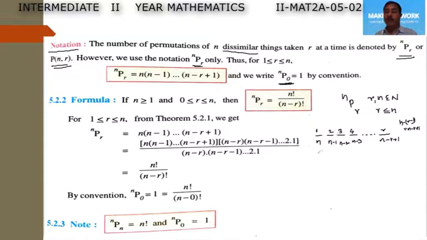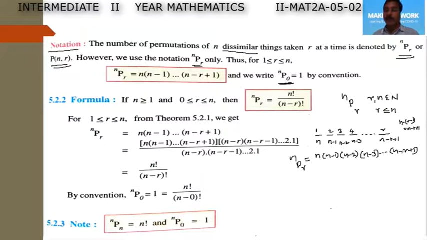Therefore, from the multiplicative fundamental principle, all these r blanks in succession can be filled in n into n minus 1 into n minus 2 into n minus 3 into, and so on, n minus r plus 1 ways. So this is equal to nPr actually: n into n minus 1 into n minus 2 into n minus 3 into ... n minus r plus 1.